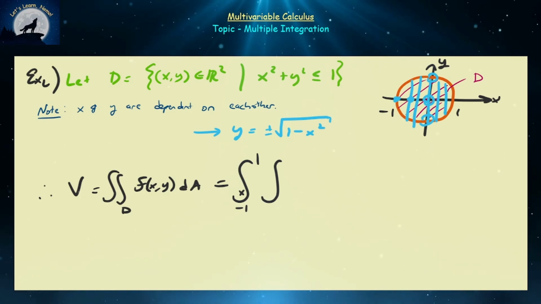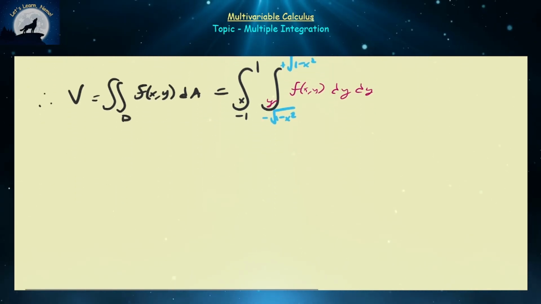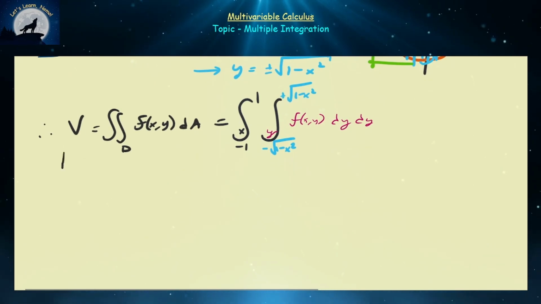Since x is chosen, for example here, then y is going to range from there to there, which is from minus the square root of 1 minus x squared to the positive square root of 1 minus x squared, of our function f(x, y) dy dx, right? So that's going to be our y integral. All right, so that's going to be your general setup for an integral of this type.